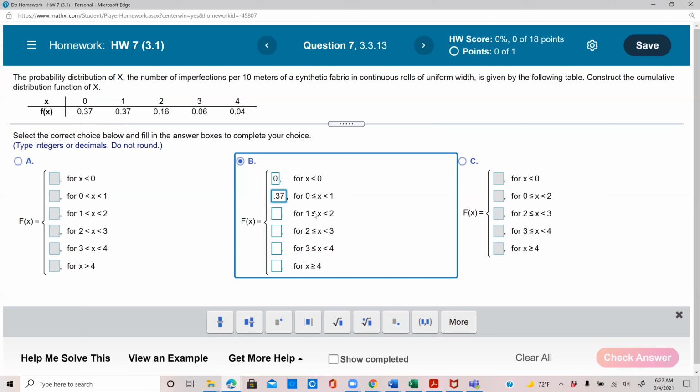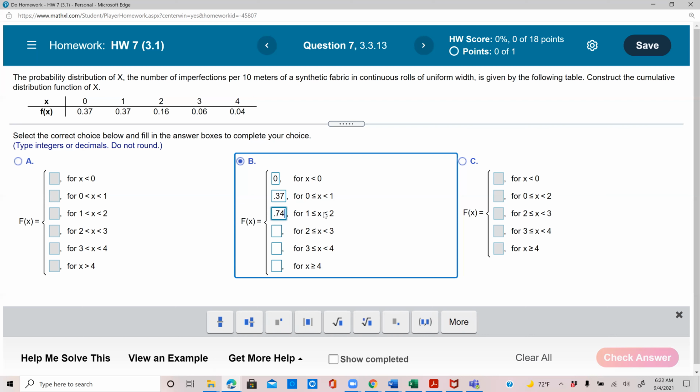Here we have X equal to 1. At X equal to 1, you pick up another 0.37. So this first 0.37 was the one picked at X equal to 0, and now you pick up another 0.37. So 0.37 plus 0.37 is 0.74.